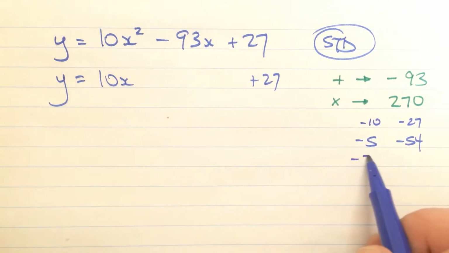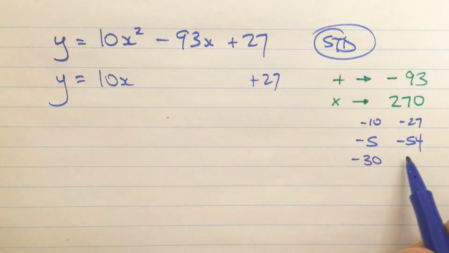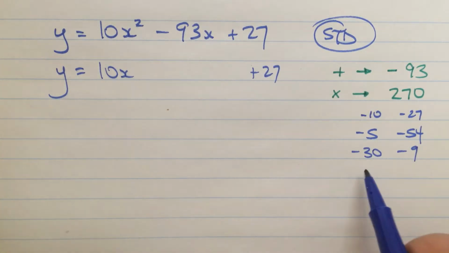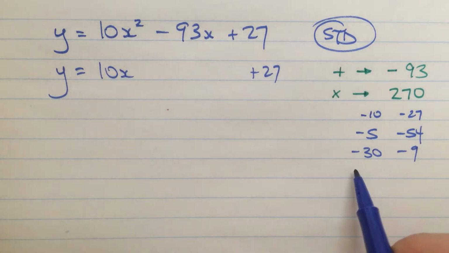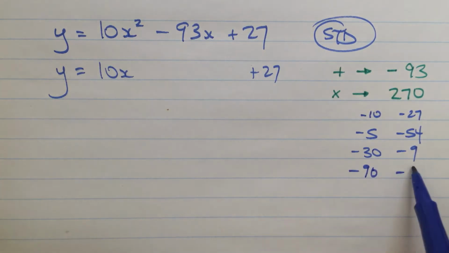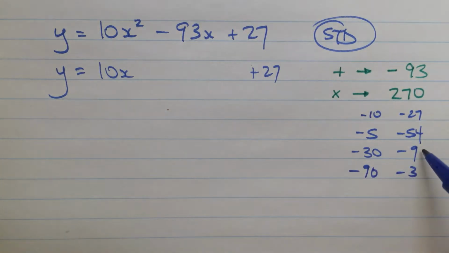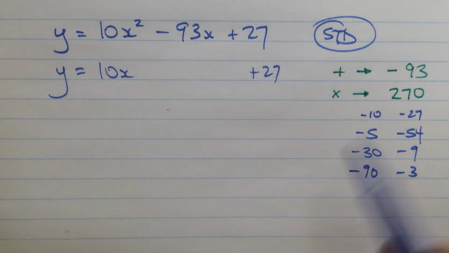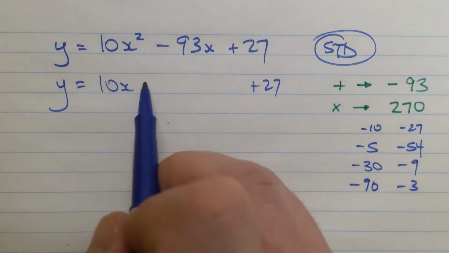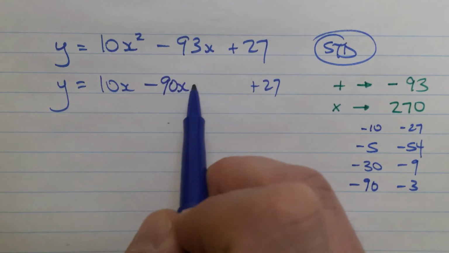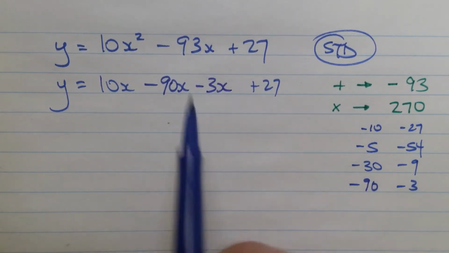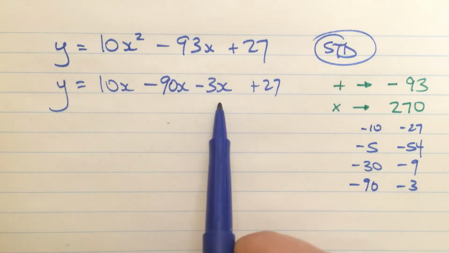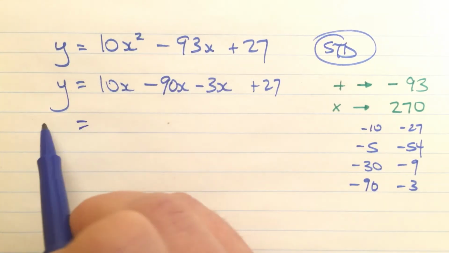In the end, you're going to try something like maybe negative 30 times negative 9. No, that's negative 39. Let's try negative 90 and negative 3. Right, I took 3 from there and put it there. And that works out to negative 93. So I want negative 90 times x and negative 3 times x. I've separated negative 93 into two pieces.